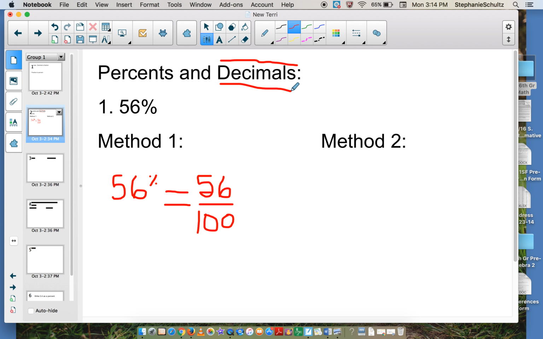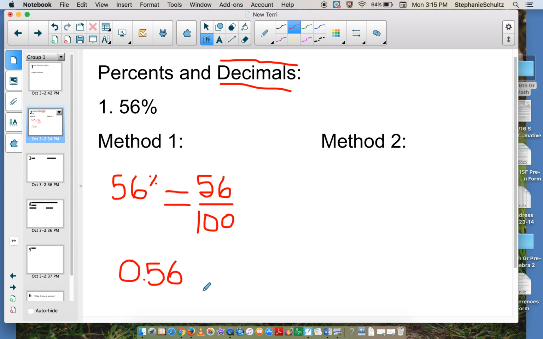Now this should bring back some memories of how to change a fraction to a decimal. Changing a fraction to a decimal, once we had it over a factor of 10, either 10, 100, 1,000, we were able to change it into a decimal by taking the numerator, 56, and simply putting the 56 after the decimal: 0.56.